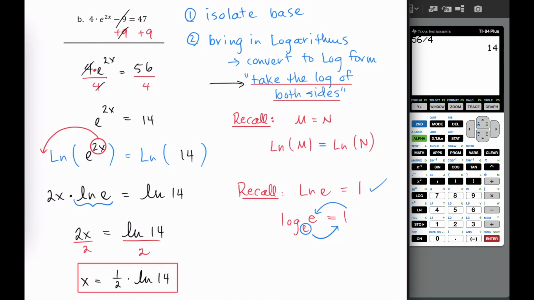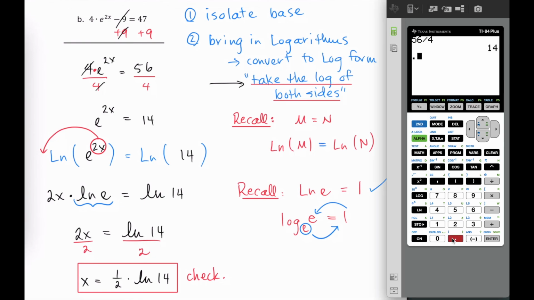So this is our exact value for the solution of x, but now we need to check this answer by storing it into our calculator and then plugging it back into the original equation. So we can say 0.5 times the ln of 14, and then store that value into x. When we hit enter, we see the decimal approximation, but again, we are interested in the exact value for our solution.